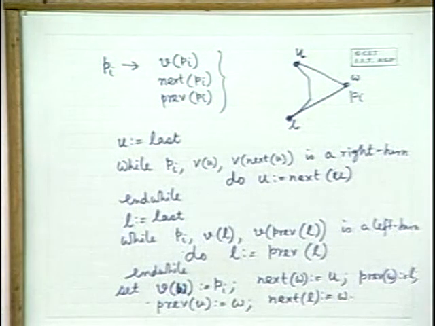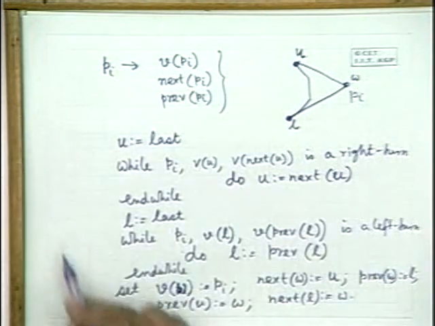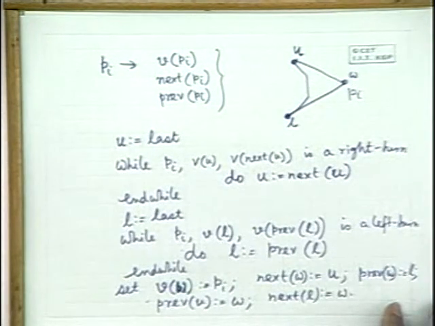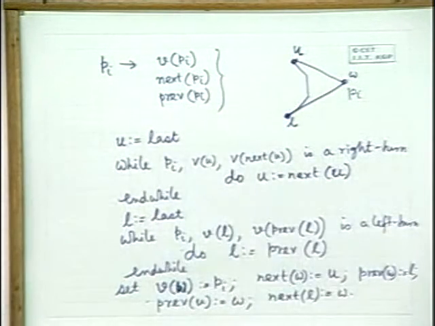You have updated the convex hull. This part you plug into the original algorithm where you find the upper tangent and lower tangent. That will give you the entire convex hull computation.